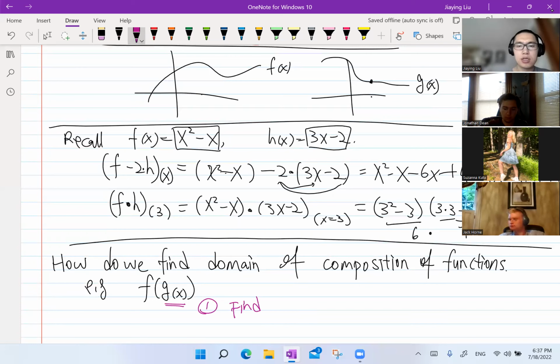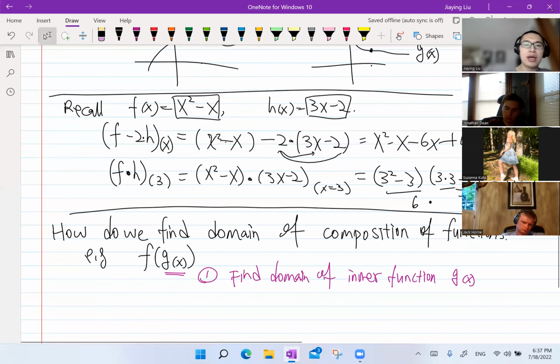Find the domain of the inner function g of x, because you need to make sure that g of x actually exists before we can take g of x and put it into a different function. And step 2, after we find the domain of the inner function, we have to look at this f function at the end.